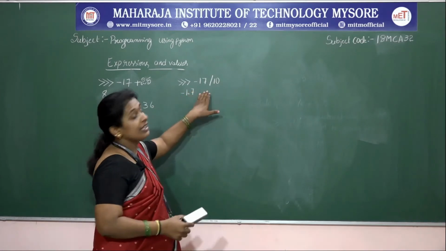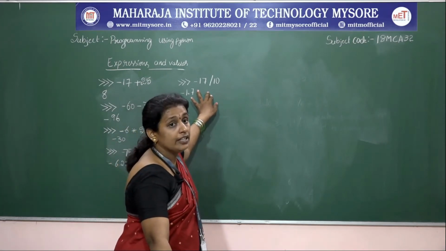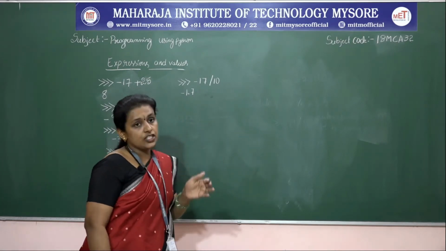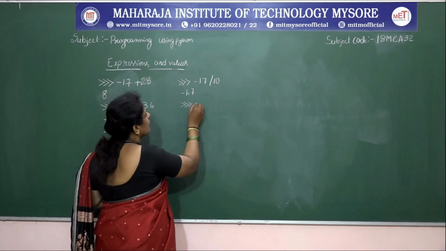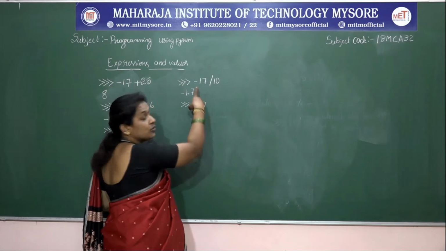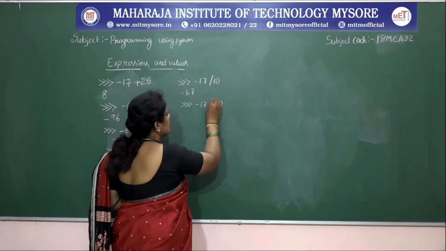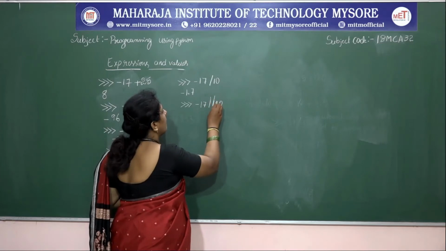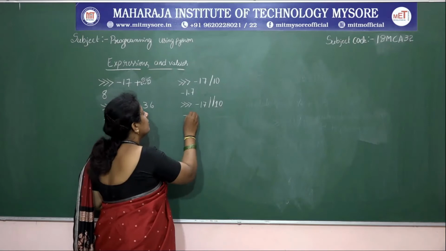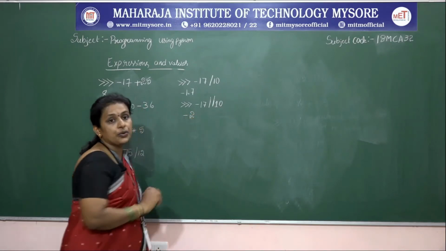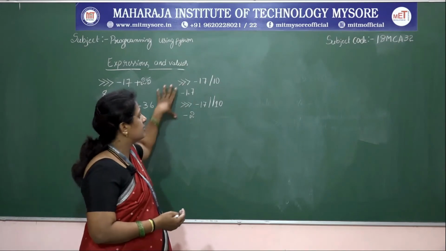So this is normal division. Now I need to go with integer division. Minus 17, I am using the same example, divided by 10. So this is integer division. The output of this is minus 2. Okay. So why is there a difference between these things?